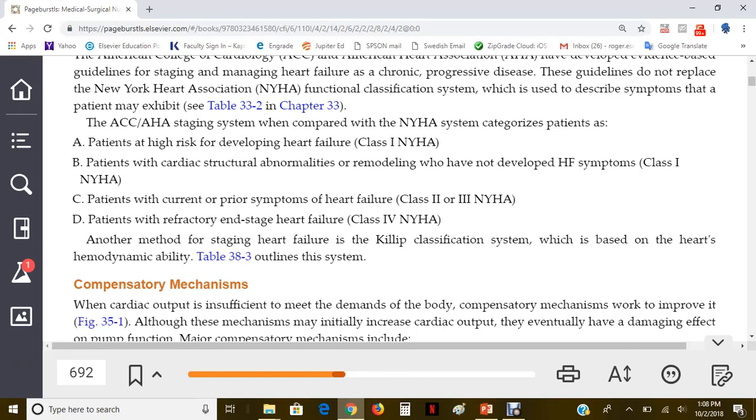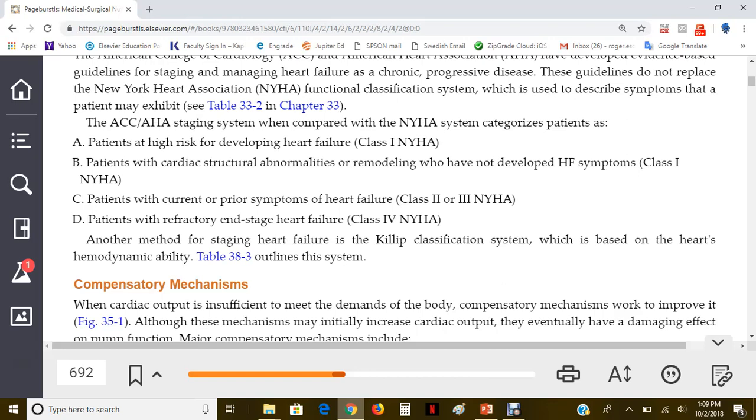For instance, let's say the patient has a minor heart attack, not a full-blown heart attack, but let's say the patient has angina, for instance, which occasionally will cause ischemia. However, that patient does not have heart failure symptoms yet, so they fall under class 1. Class 2 or 3 are now patients with current or prior symptoms of heart failure.